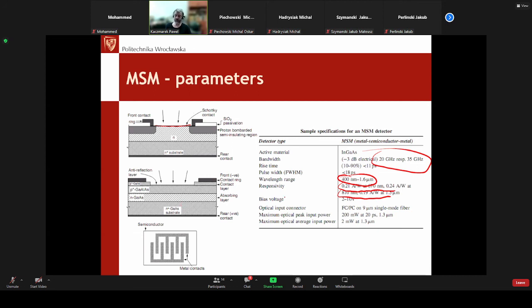So this is the second reason, especially the reason I told you previously that the responsivity should increase with the wavelength, but looking at this data, you can see it is almost constant, no matter the wavelength, because the absorption in this metal layer is also proportional more or less to the wavelength. So the increase in the responsivity with wavelength goes in par with the increase in the absorption in this metal layer.